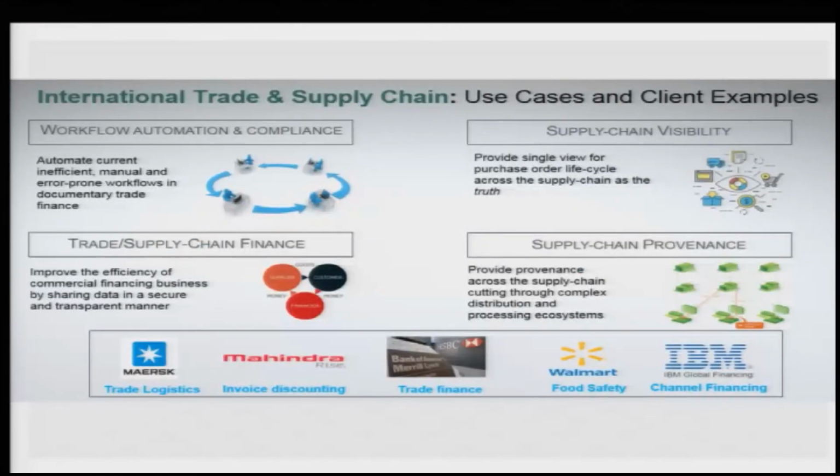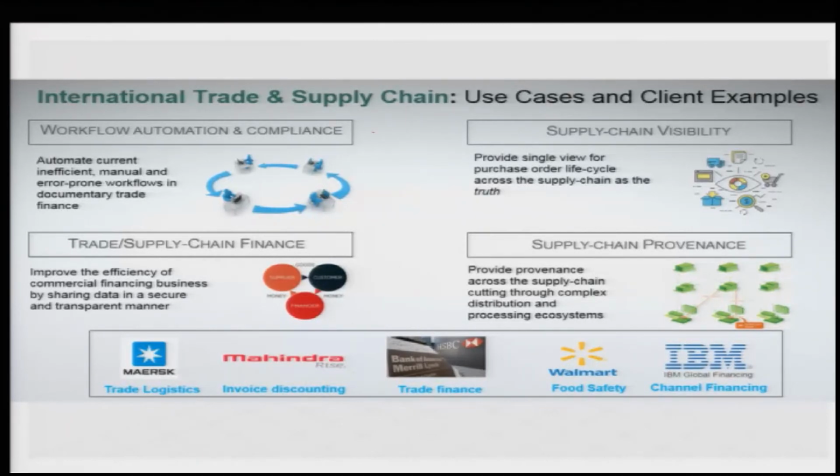So some of the use cases that IBM has already done, as you can see, none of this has anything to do with cryptocurrency. It's all about creating the business process in a seamless kind of IT system using the blockchain, right?